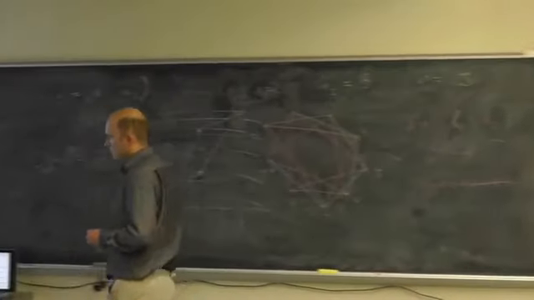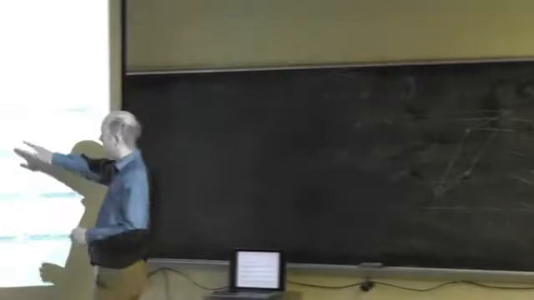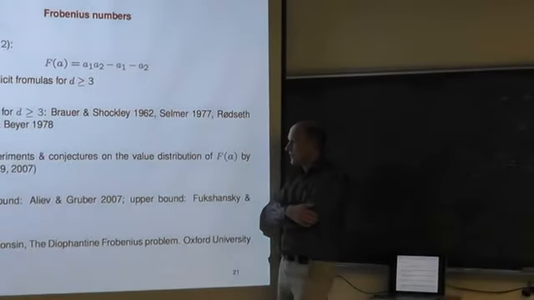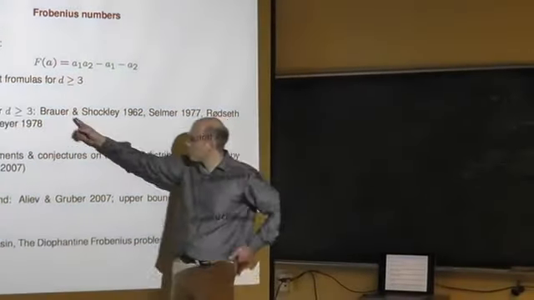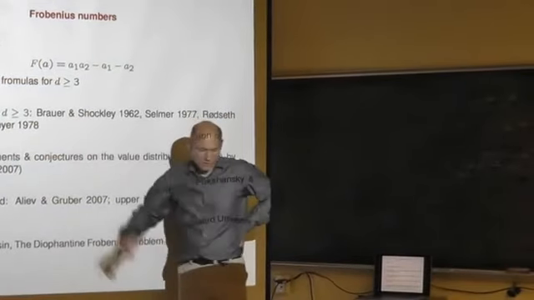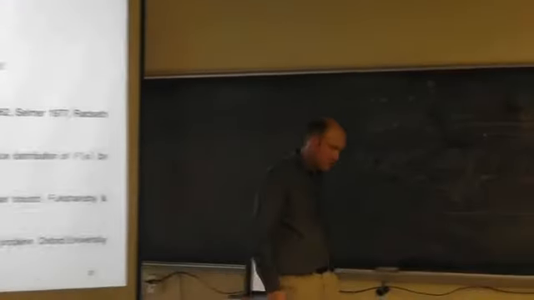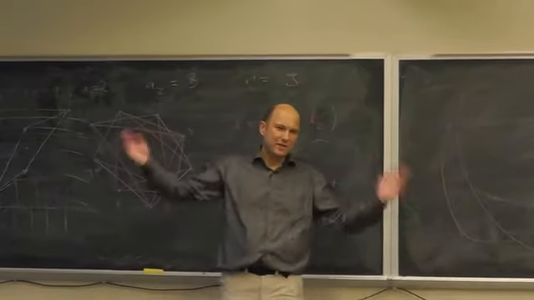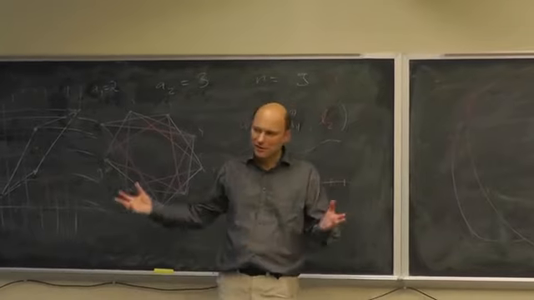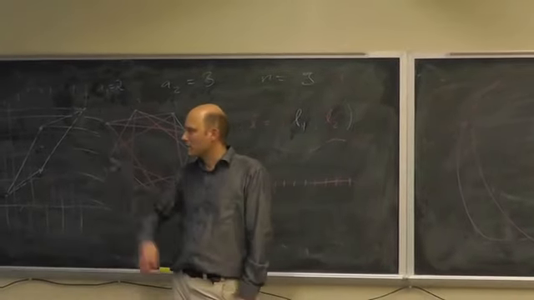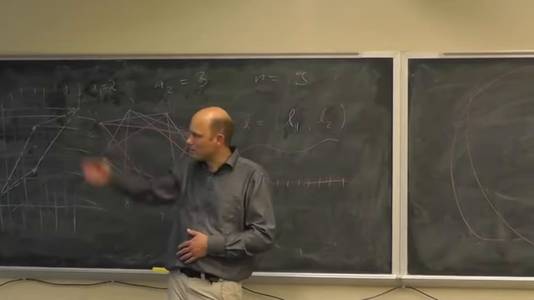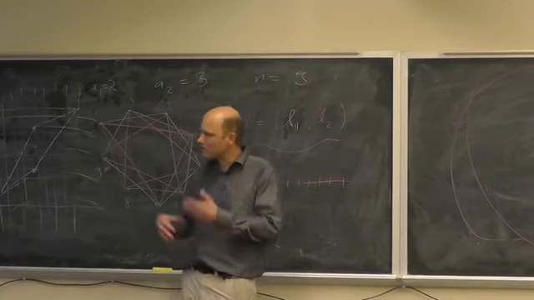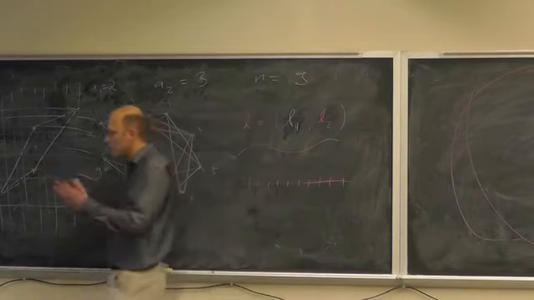There's a first paper that is still at the heart of many other works that are written about this, by Brauer and Shockley. Brauer was a student of Schur, and Schur was a student of Frobenius, and Frobenius had mentioned this in his lectures, and then Schur had explained to Brauer how to get this first algorithm in the 3-dimensional case using continued fractions and a nice reduction.